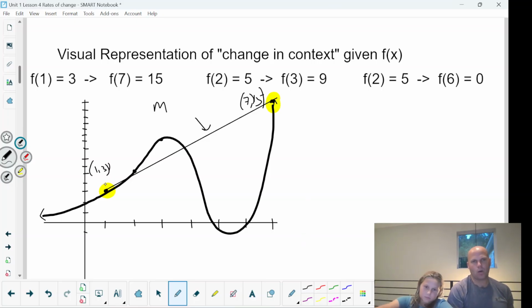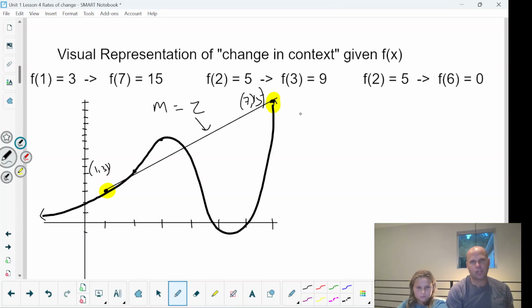Go up this many y's per x, and you will travel from this point to that point, which shows you on average how the function is changing. So don't worry, slope equals change. Cool? Great.